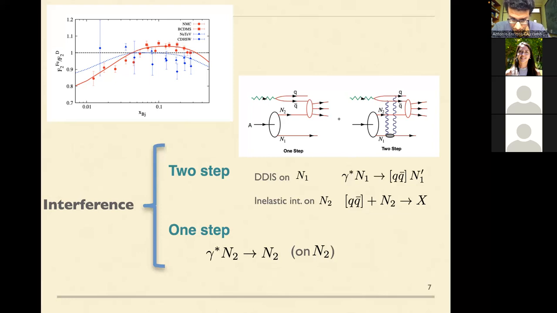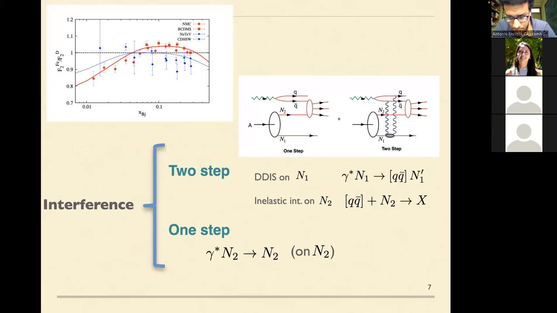It can interact in one step with one nucleon, called N2, and it can interact twice, in N1 and then in N2. This process is quantum mechanics, so both processes interfere, and the interference gives you anti-shadowing and shadowing, both effects.